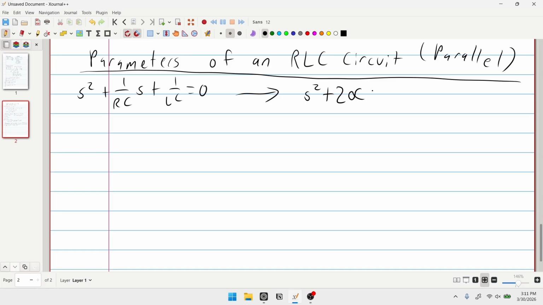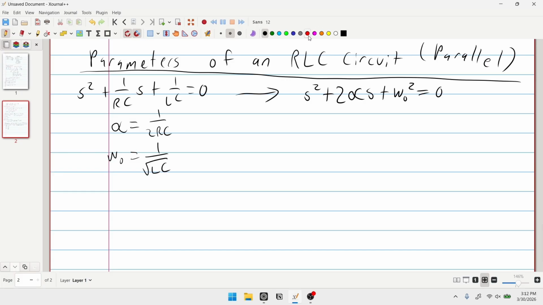you can simplify it to this: s squared plus 2 alpha s plus omega naught squared, where omega naught is the natural frequency, right? And so if you compare this to our circuit equation, we can find that alpha is equal to 1 over 2RC, and that our natural frequency is equal to 1 over the square root of LC.